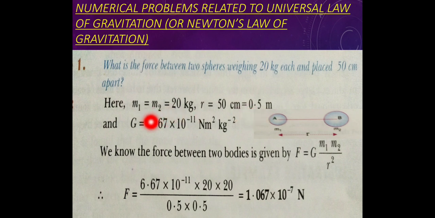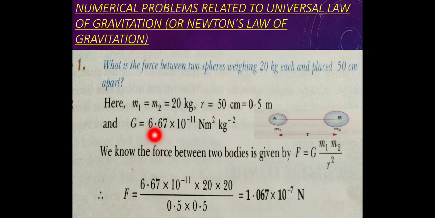And the G value is a constant, 6.67 into 10 to the power minus 11 Newton meter square per kilogram square. Now students, you can also write 6.7. No need of writing 6.67. You can round it up and write 6.7 to make your calculation easy. Here I have used 6.67, but you can write 6.7 also.